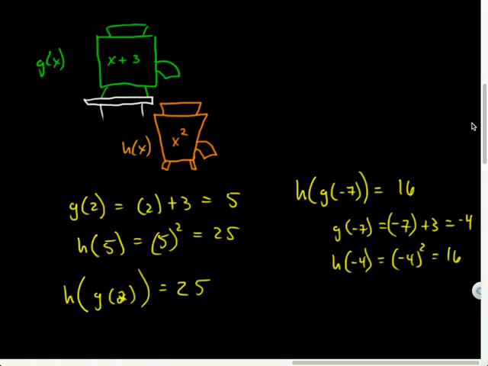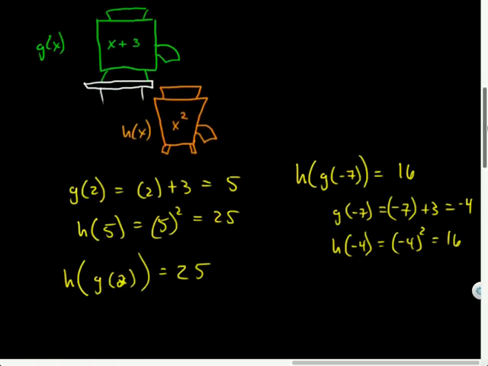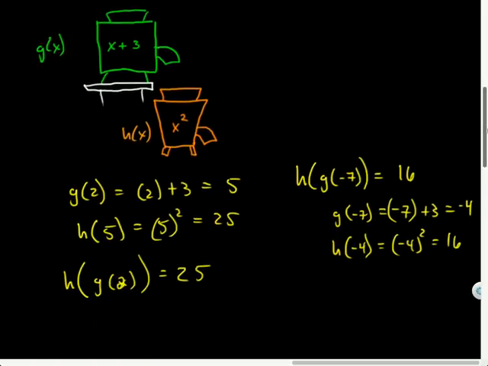Now, after tinkering around for a while, have you guys ever seen a TV that also had a VCR and a DVD player all built into it? What if we get a bunch of us, put this machine on top, and just start stomping the x plus 3 machine into the x squared machine?